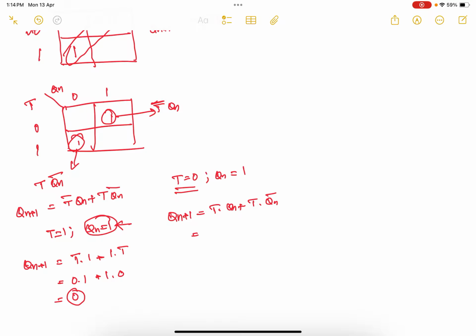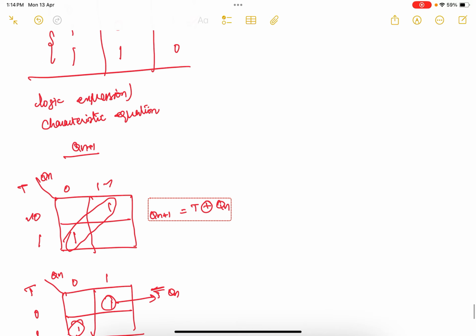T bar equal to 1, that is 0 bar into 1 plus 0 into 1 bar. So this is nothing but 1 into 1 plus 0 into 0. Finally you will get 1. So what is happening when T equal to 0, whatever the present state is, your next state is also repeating the same thing.